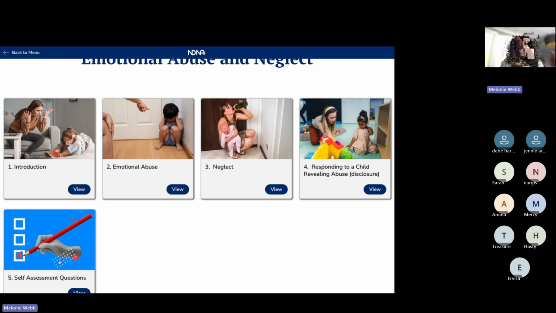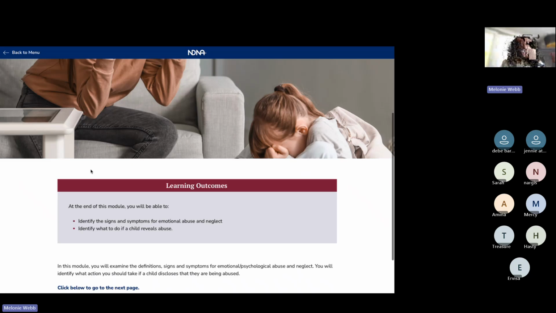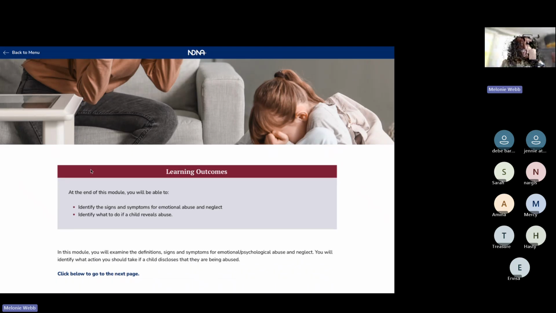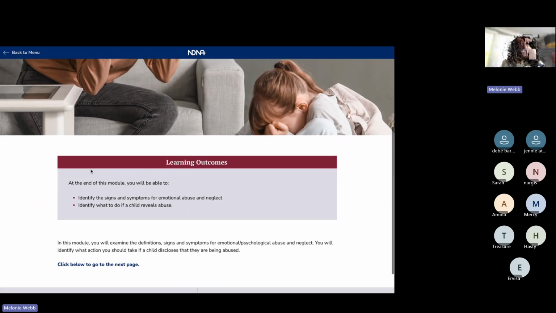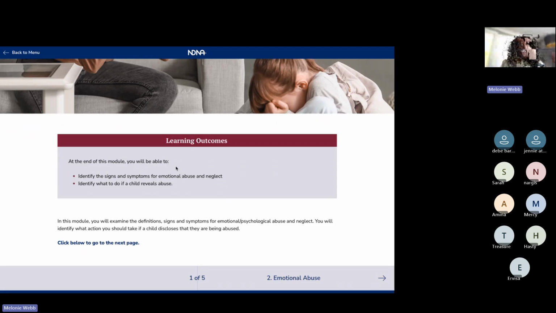After that, we have 2 more modules. I think we'll whiz through this, then we'll have lunch. By the end of this module, you should be able to identify the signs and symptoms for emotional abuse and neglect and identify what to do if a child reveals abuse.